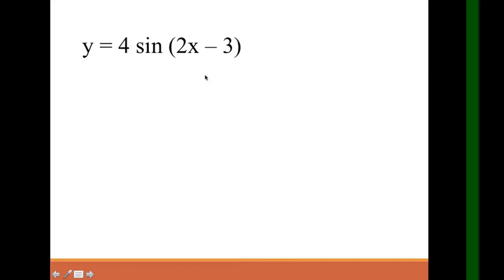Okay, let's proceed to our next example. Our next example is y is equal to 4 sine quantity 2x minus 3. So, as you can see, we have two variables now. Based on our given, meron tayong dalawang variables, and that is 4 and then sine 2x minus 3. So, since meron tayong dalawang variables dito, gagamitin natin yung tinatawag natin product rule.